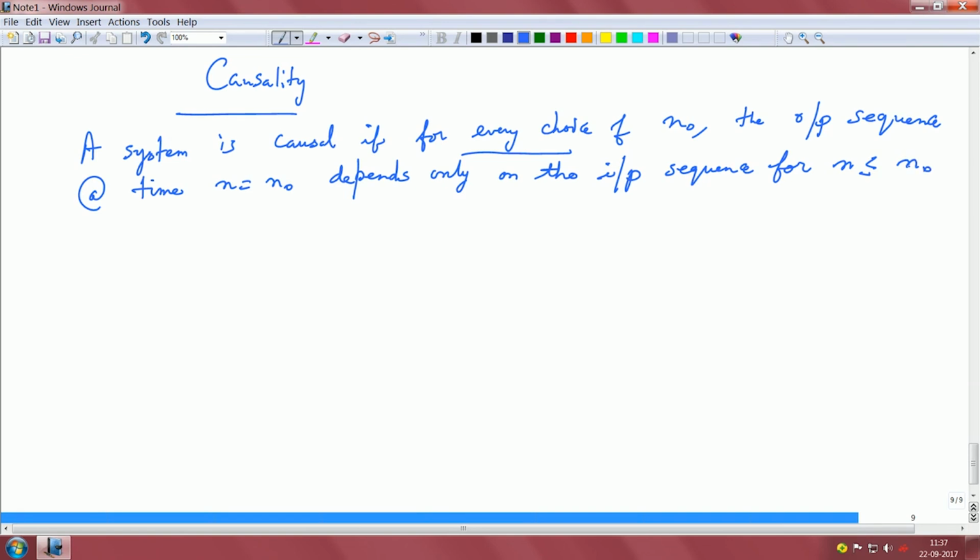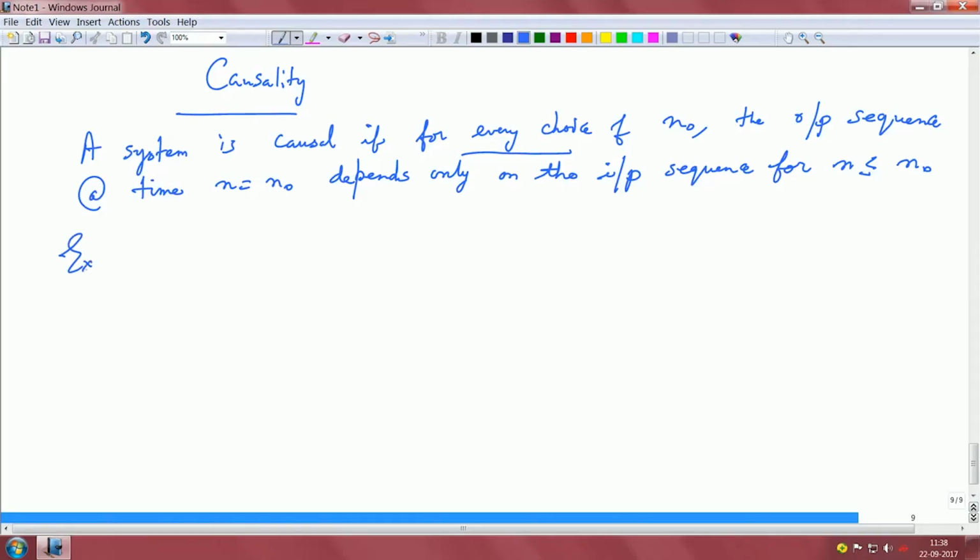That means, if I have all the past inputs and the current input, then I can specify my output sequence. This is the notion of causality.